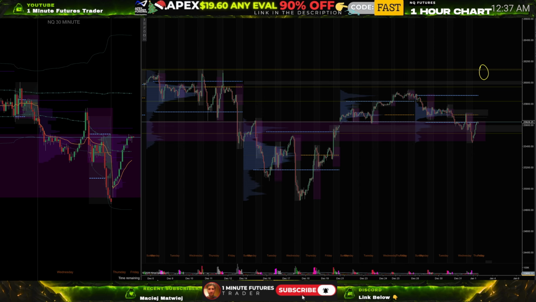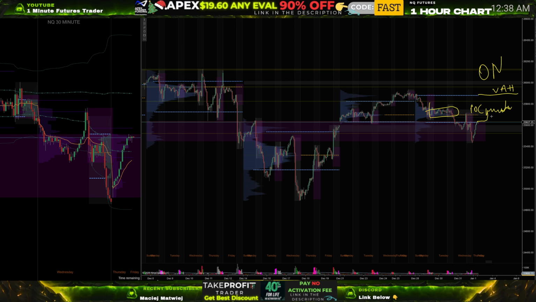So for the overnight session, I'm expecting first, if they can manage to continue this run, they're going to test this point of control. You've got to be careful in this area, right? Do not get chopped here, because that is what it does when it tests the point of control. And if we see a continuation, then you can expect it to test the value area high.